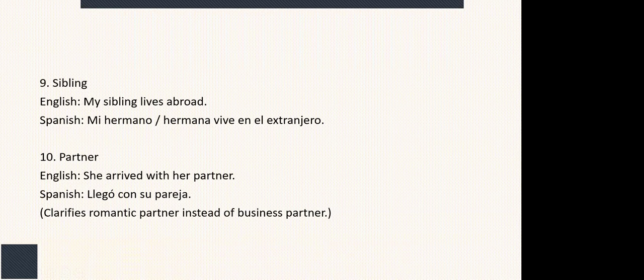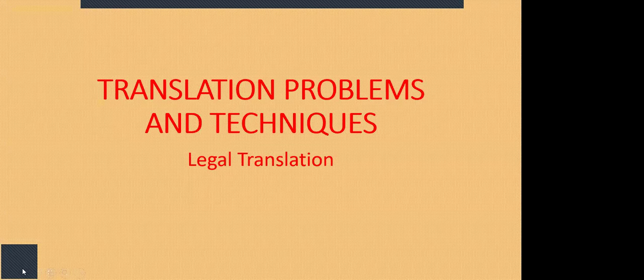Pareja, that could be a different kind of partner. We just don't know. Maybe as the person goes on explaining, we'll get further information on what kind of partner he or she is talking about. Okay, good.